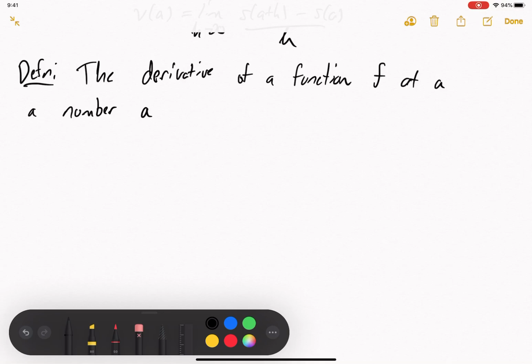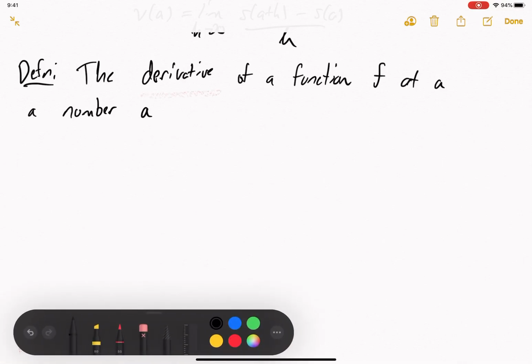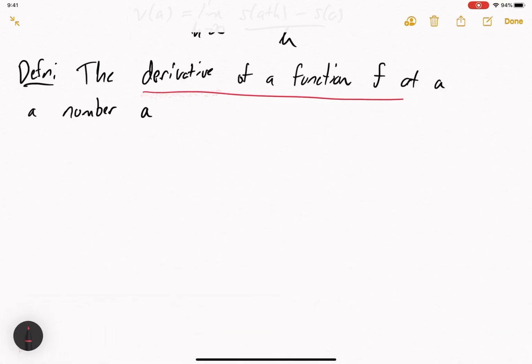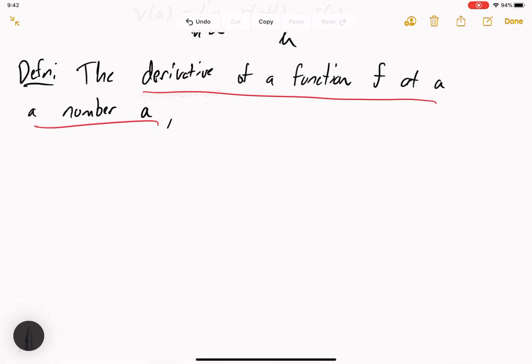Let me just underline that to clarify that it's important: derivative of function f at a number a. And don't worry about what that means just yet, it might be confusing. We denote that as f prime of a, and that notation means f prime.